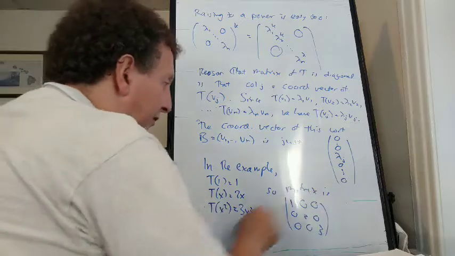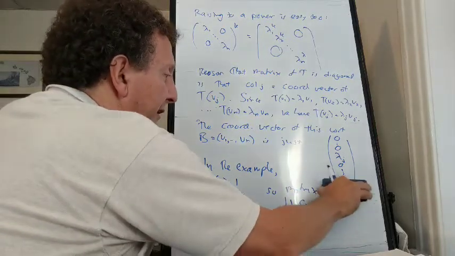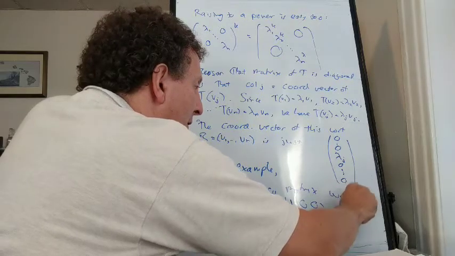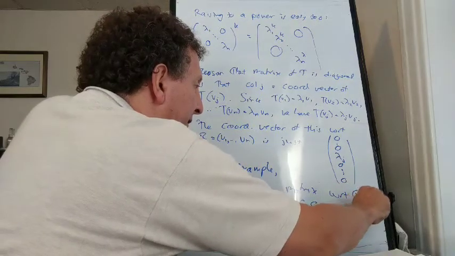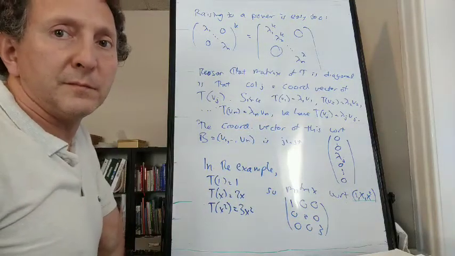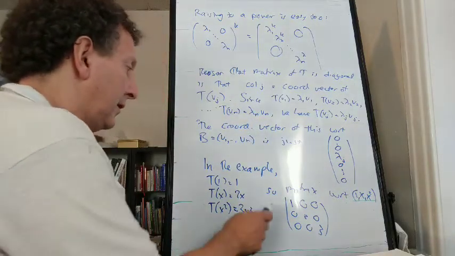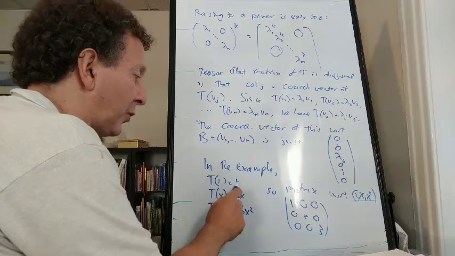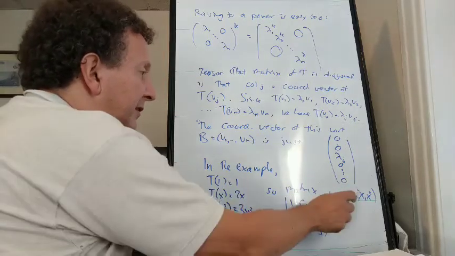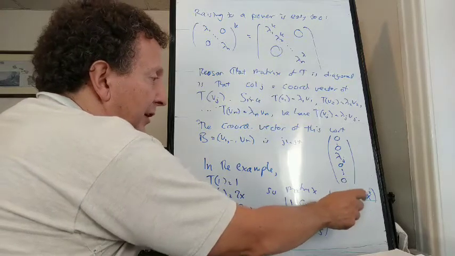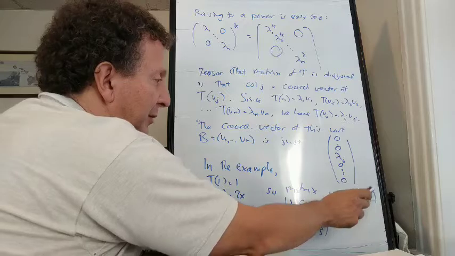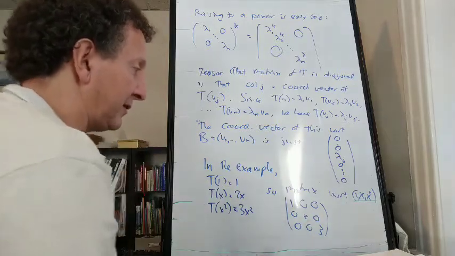That is the matrix with respect to the basis of eigenvectors, which are 1, x, and x squared. So 1 is 1 times 1 plus 0x plus 0x squared. 2x is 0 times 1 plus 2x plus 0x squared, and 3x squared is 0 times 1 plus 0 times x plus 3x squared. So we get this nice form.